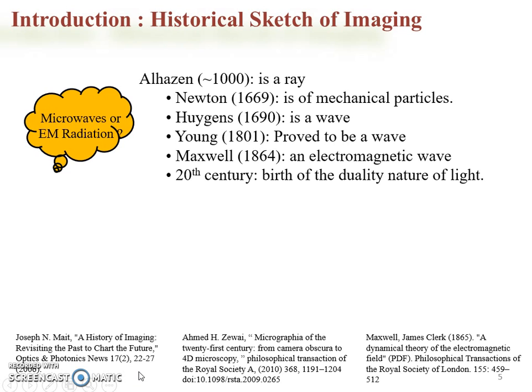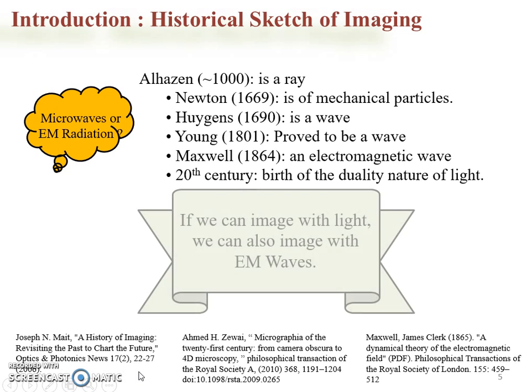Later on, Huygens, in the 17th century, showed that light has a wave nature. In the early 19th century, Young proved that this radiation is a wave, and later Maxwell proved that it is an electromagnetic wave. In the 20th century, de Broglie proved that the EM wave has a dual nature. So this is the brief history.